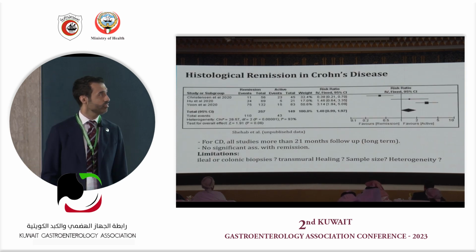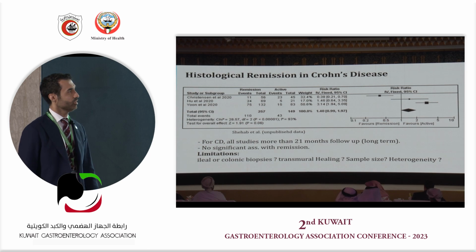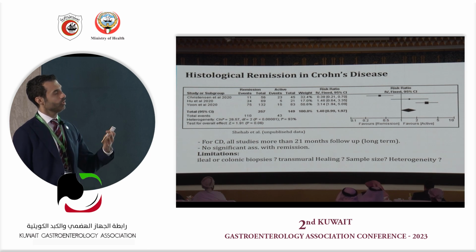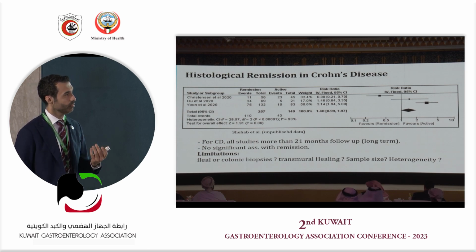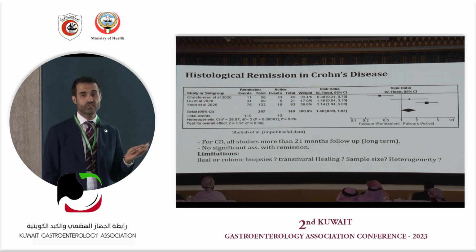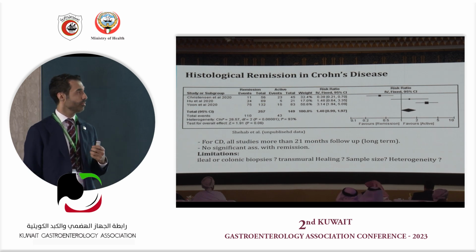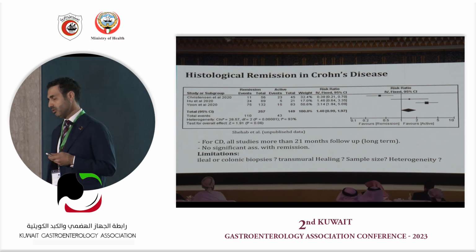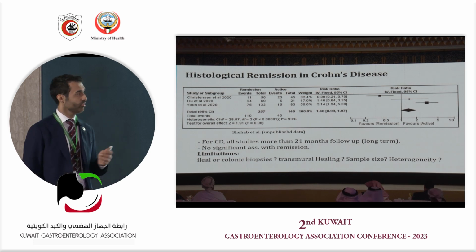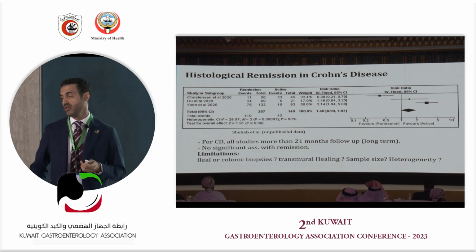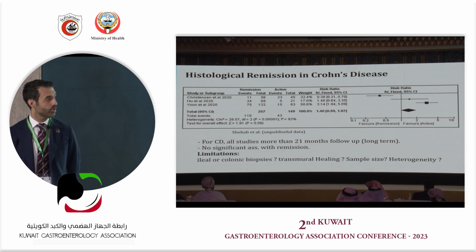How about in Crohn's disease? For Crohn's disease, all patients were followed for more than 12 months. However, there was no significant association between histological remission and outcome. But there are a lot of limitations to the Crohn's data, because some studies used only ileal biopsies, and some used both ileal and colonic biopsies.